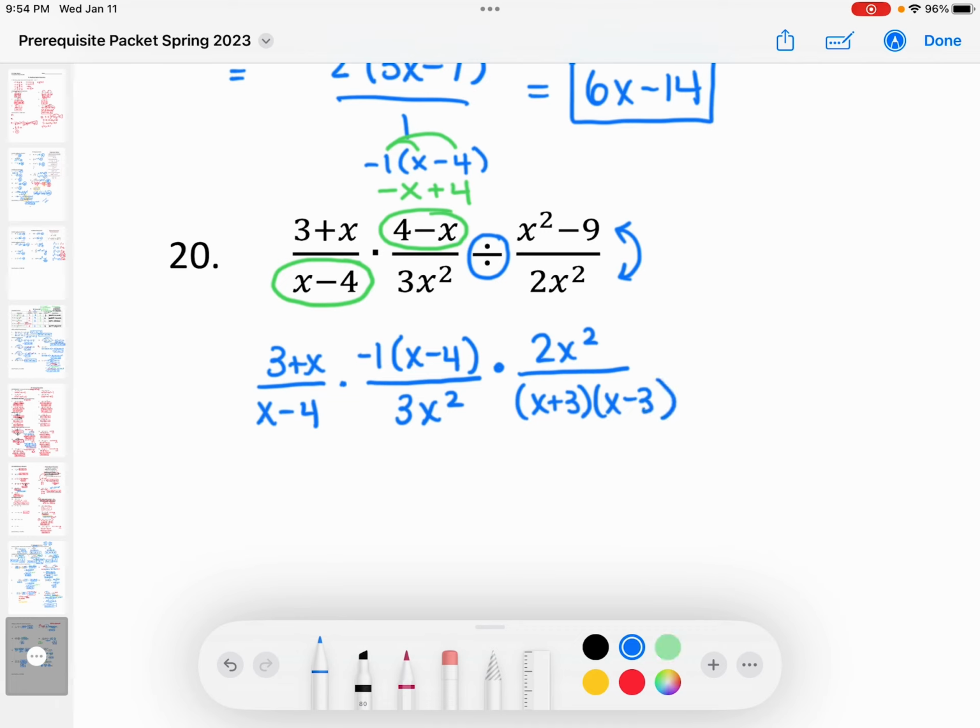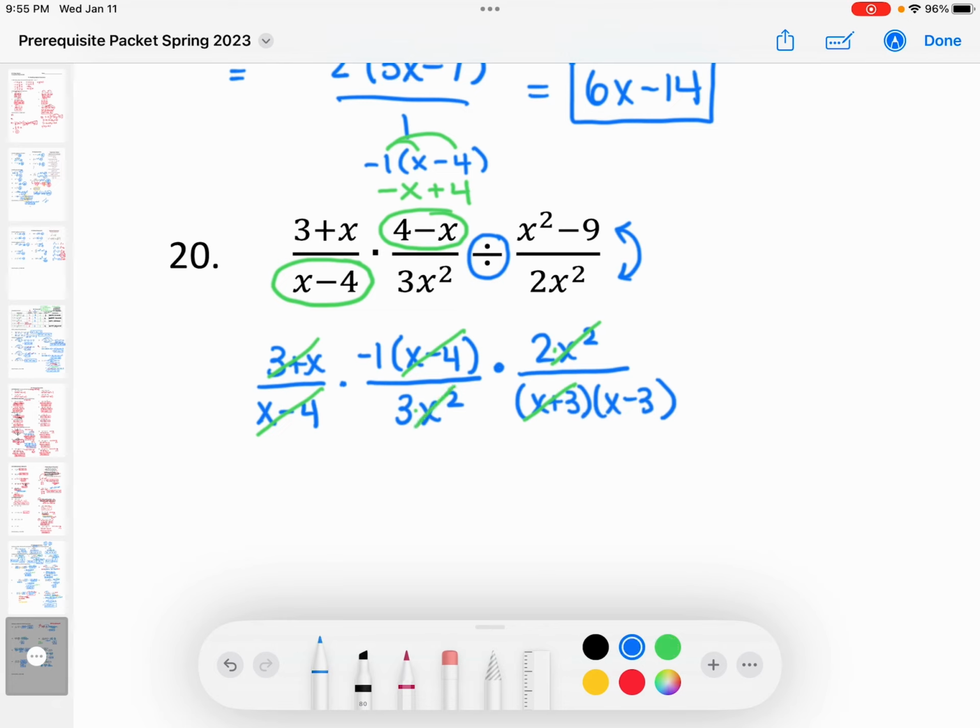All right, and all of this is just going to be one big fraction, so I can look for my canceling now. So the x minus 4's go. Now x plus 3 and 3 plus x are the same thing, because I can rearrange addition, no problem. I know this looks like a 2x squared and a 3x squared, but remember, those are just multiplied together, so we can cancel just the x squared part.